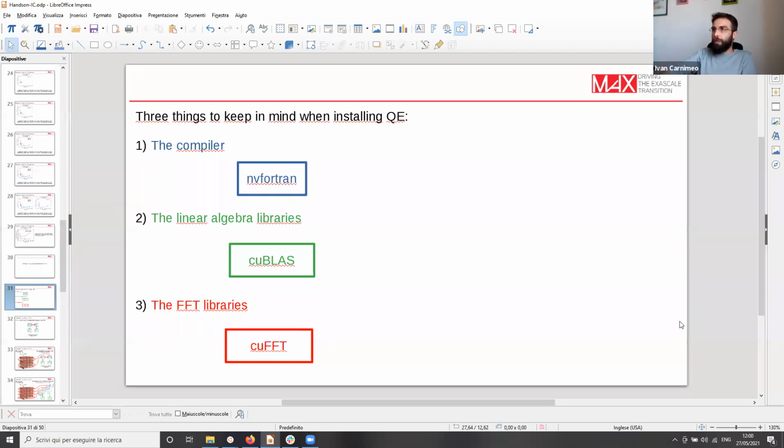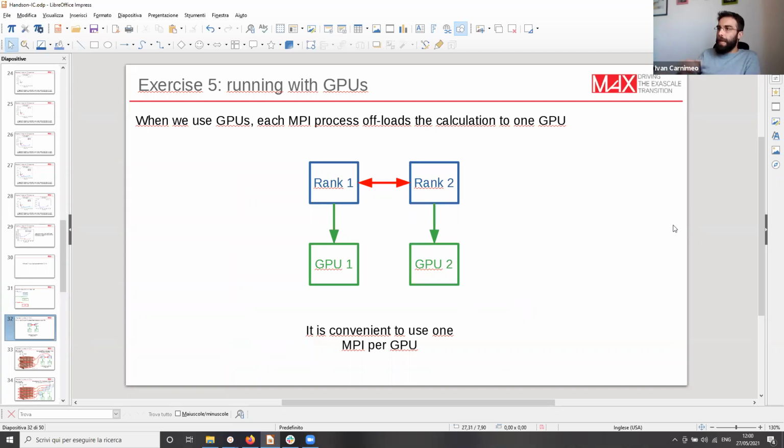So once we load, the main point when working with GPU and also when running calculations to keep in mind is that each MPI process sends its own workload to one GPU. MPI processes receive a portion of the data and they work on this data. If they have GPUs, what they do is that they receive this portion of the data, but instead of processing the data themselves, they send it to the GPU.